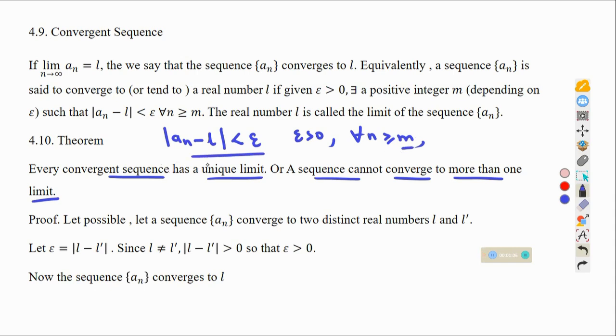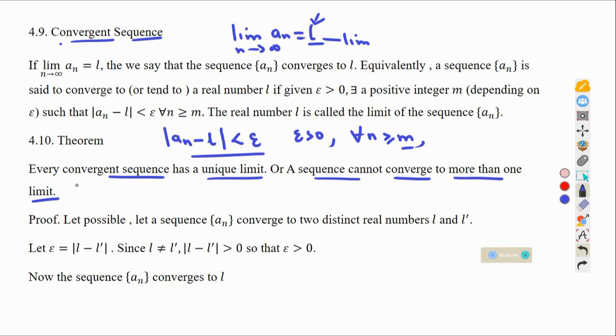So if this condition is satisfied, then we say L is the limit, and if the limit exists, then that sequence is convergent. We also looked at the limit as n tends to infinity of an giving L, which means that L is the limit, and we say this sequence is converging to L. So that is briefly what we talked about when dealing with convergent sequences.